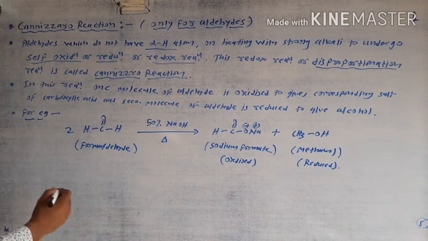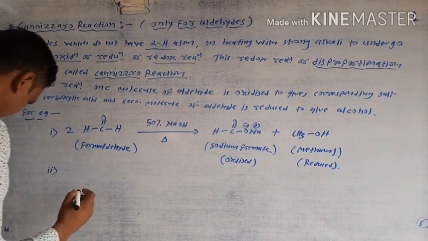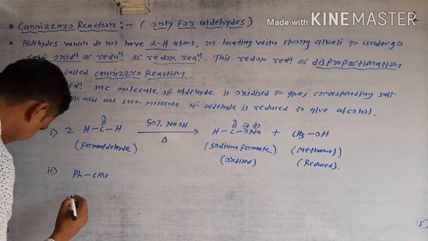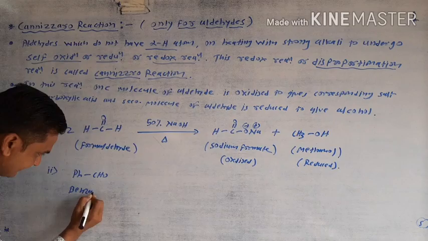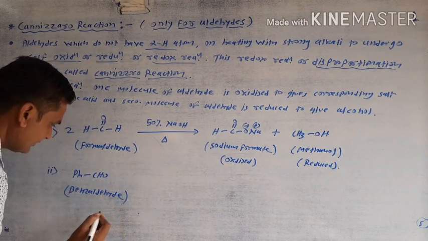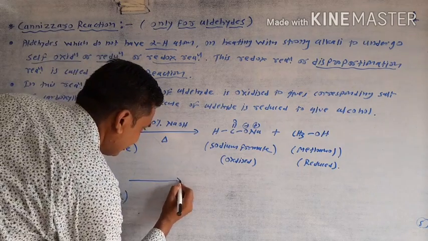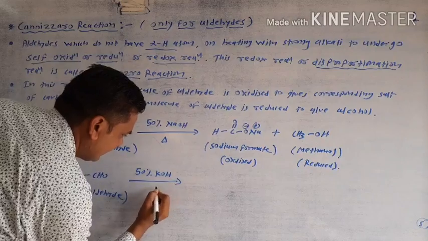This is the first example. For the second example, suppose two molecules of benzaldehyde react with 50% KOH.